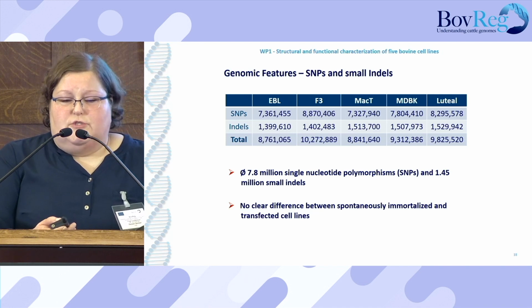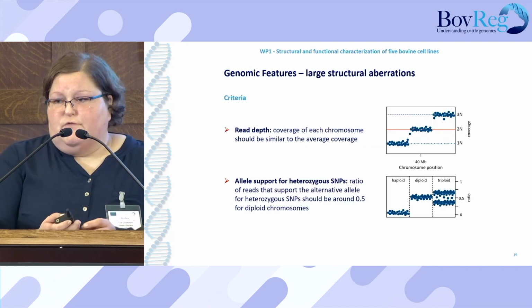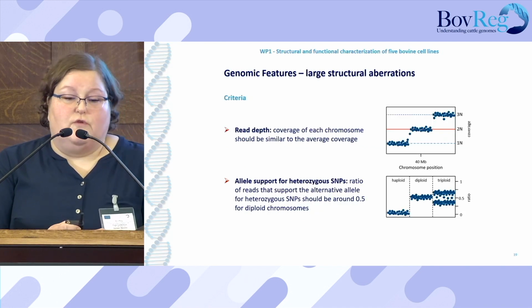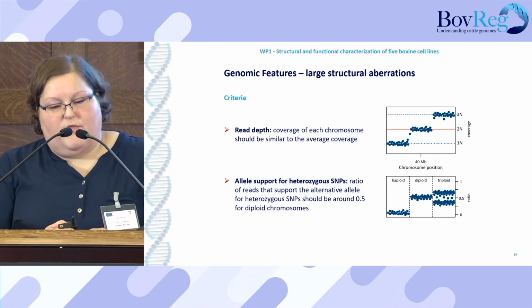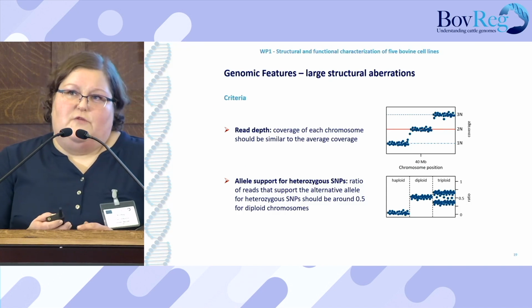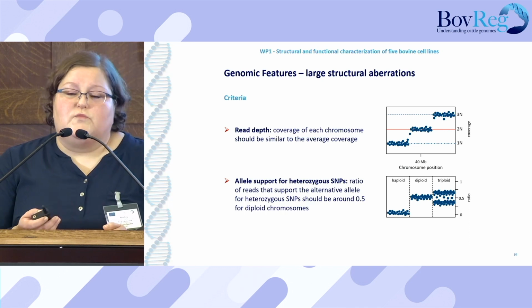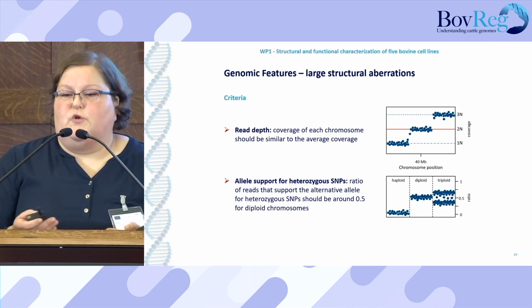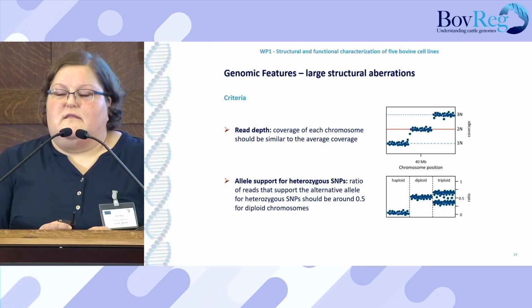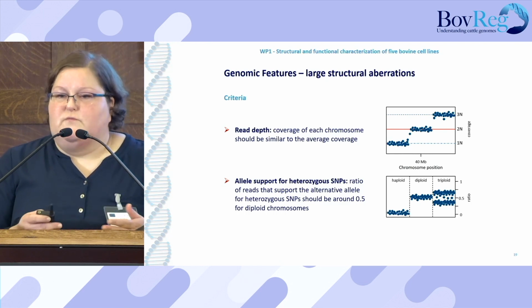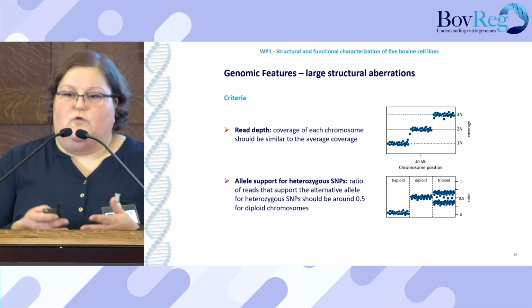We then also wanted to look at the genetic structure of those cell lines, and therefore we used 2 criteria. So one was the read depth. If chromosomes would show the same ploidy, you would expect that the coverage of each chromosome is kind of similar to the average chromosome of the whole genome.